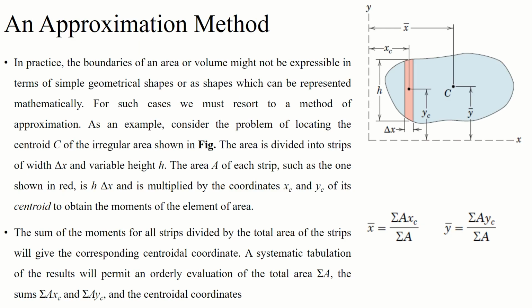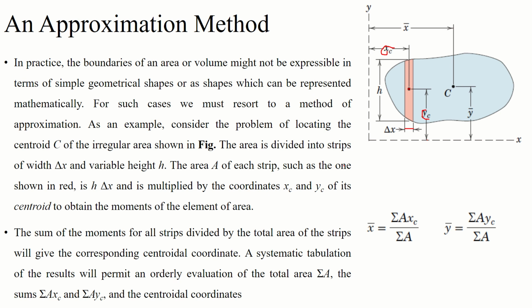The other technique is for the areas. Now we can use this thing again by taking a very thin slice of a cross-sectional area right here, delta x, and from this small slice of area we can find the center of this cross-sectional area. The smaller it is, the more uniform it will become, and the more uniform means you will have a precise position of the center along the y-axis and center along the x-axis.